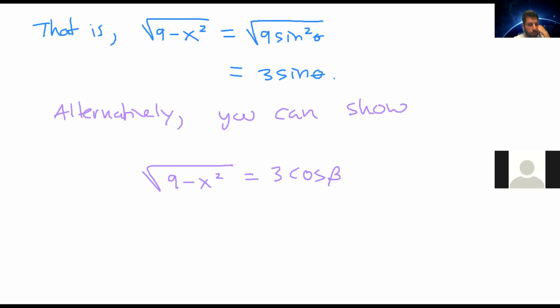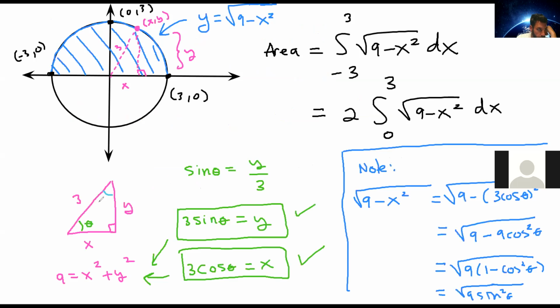So if I go back to the previous page, if I call this beta, then it just flips.